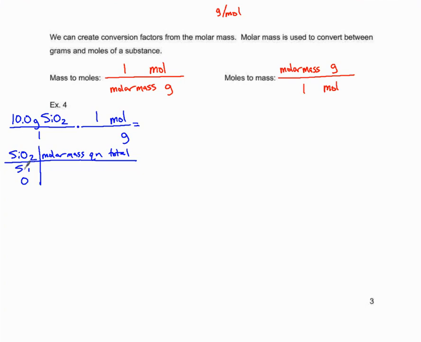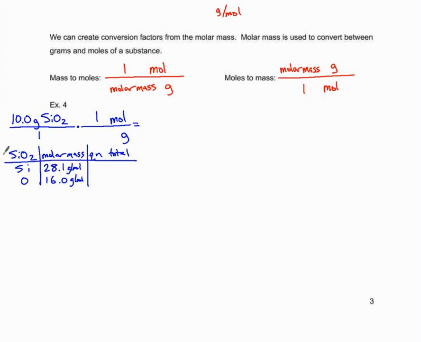For silicon, it says 28.0855. I'm going to round that to 3 significant figures. And oxygen, 15.9994, becomes 16. The next thing is the quantity, and this is the number from the chemical formula.